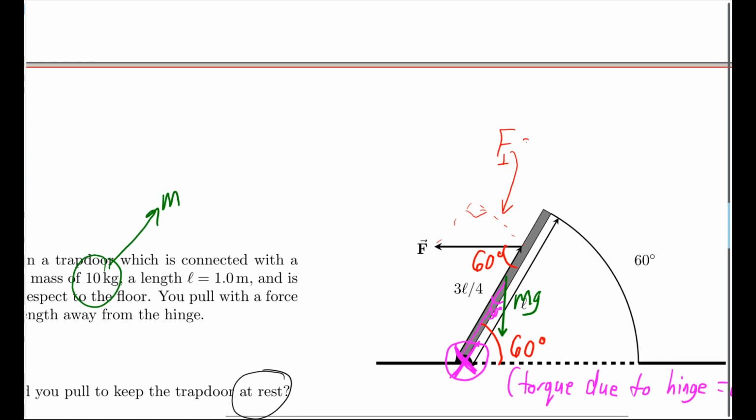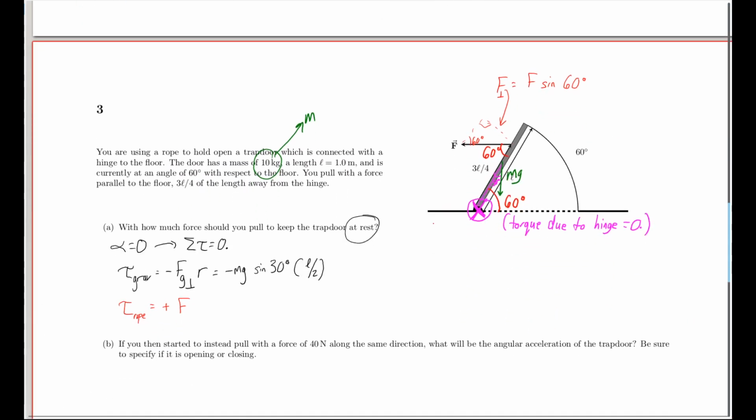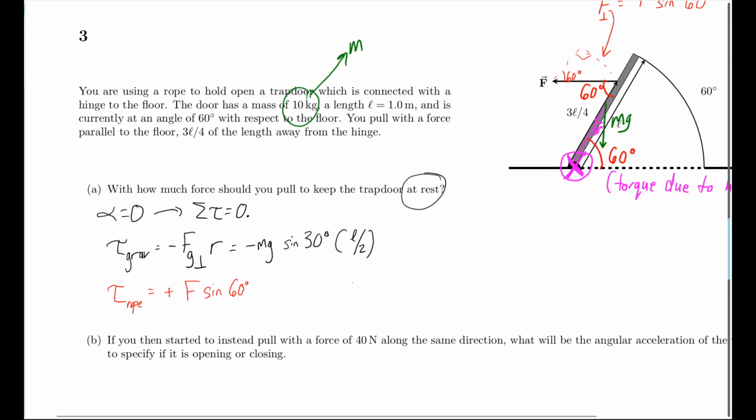So F perpendicular equals, so that's 60. That means that this one is 60. That's F sine 60 degrees. So the torque from the rope tension is going to be F sine 60 degrees times the radius vector, which is 3L over 4.